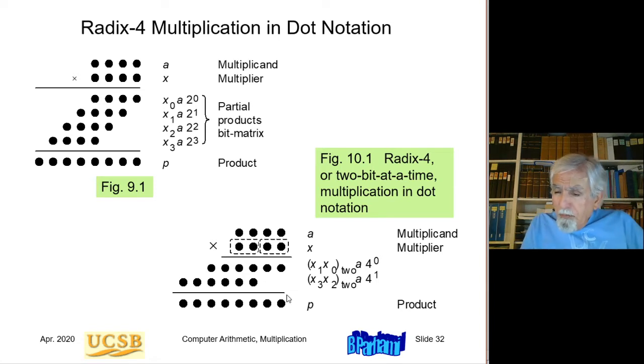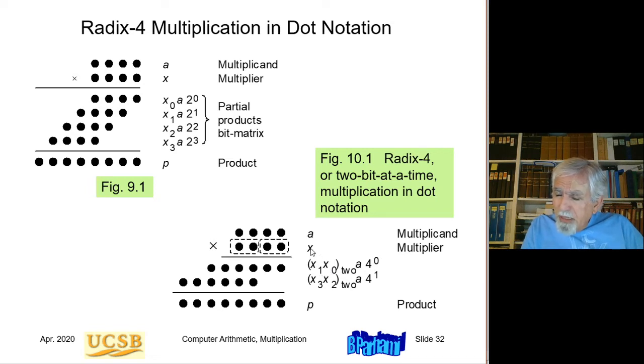Now the only complication is that when you multiply a radix 4 digit by a, that radix 4 digit, let's say x1, x0, can be 0, 0, or 0, 1, or 1, 0, or 1, 1.